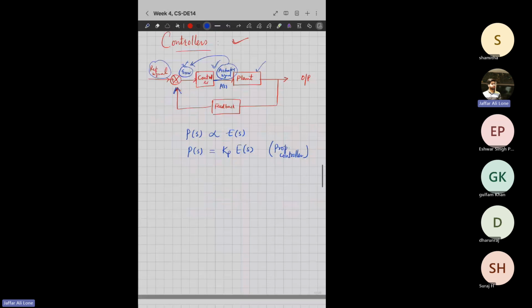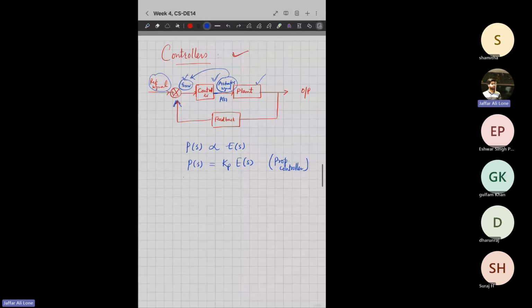So basically, the basic idea is the game between the actuating signal and the error signal. The game is between the actuating signal and the error signal. So you just have to remember like that. That's a different story, what a proportional controller does, what an integral controller does.